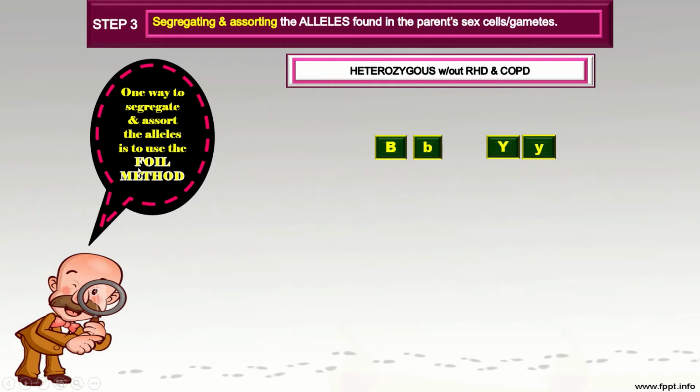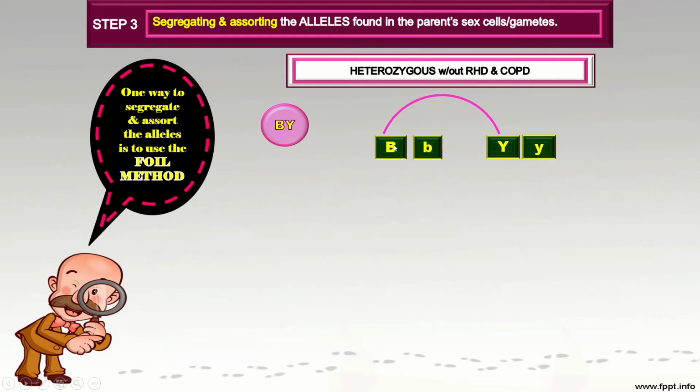So we'll start with the mother, heterozygous without RHD and COPD, and we'll do the first, the outside part. So there is a chance that this allele representing without RHD will pair up with this allele representing without COPD, and these two alleles can be found and carried by an egg cell.